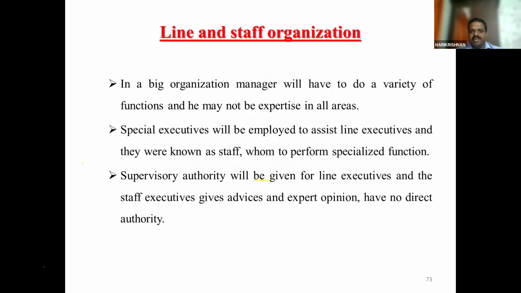In a big organization the manager will have to do a variety of functions and he may not be an expert in all areas. Special executives will be employed to assist the line executives, and they are known as staff, who will perform the specialized functions. Supervisory authority will be given to line executives, and staff executives give advice and expert opinion but no direct authority.